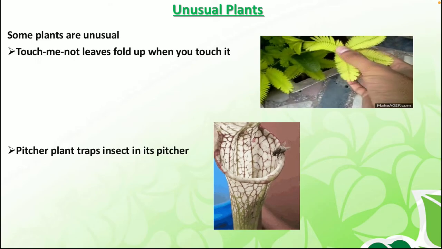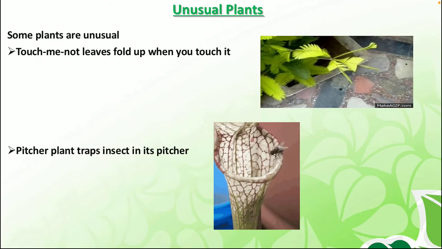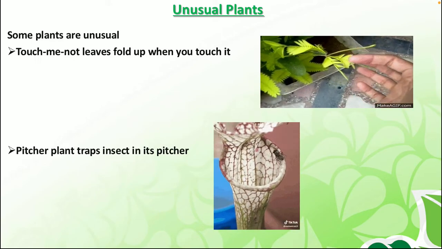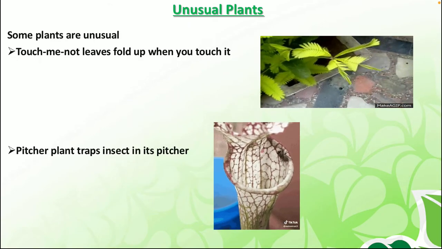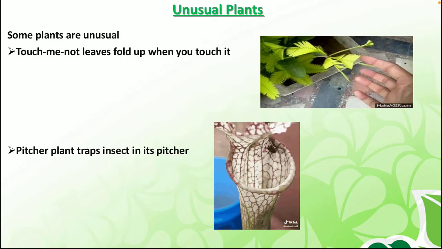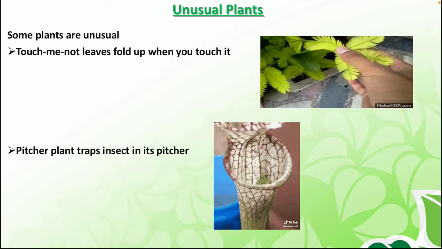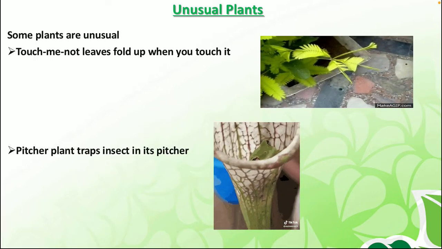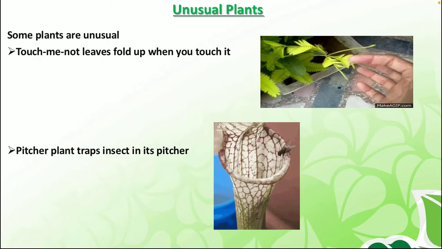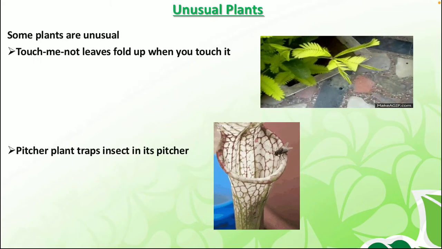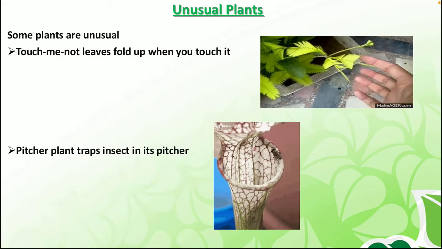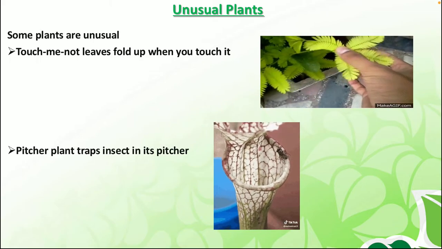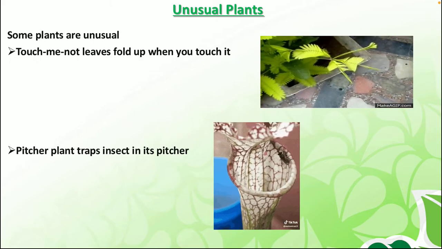The other one is the pitcher plant, and the pitcher plant traps insects in its pitcher. Most plants get the nutrients they need from soil, but pitcher plants also get nutrients by catching and digesting insects. For this reason they are also called meat eating plants, because they eat insects.